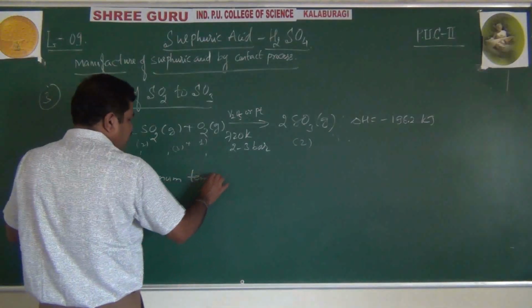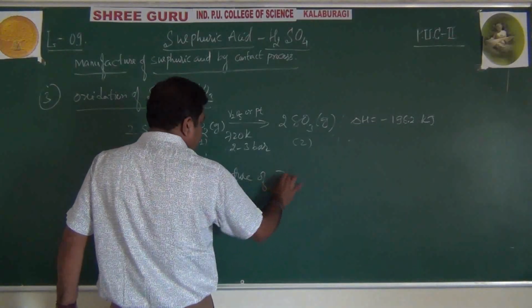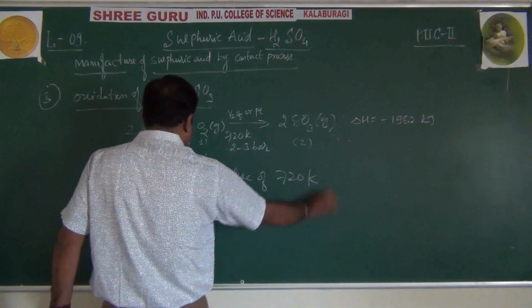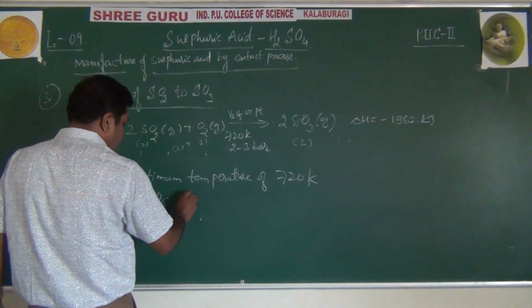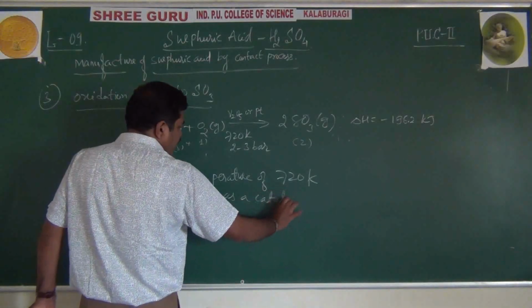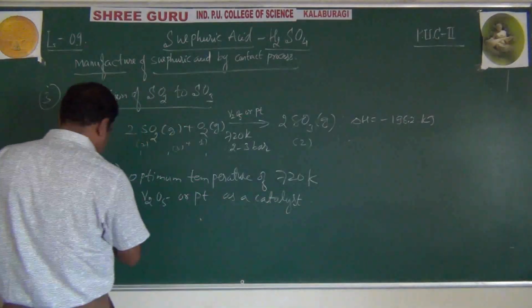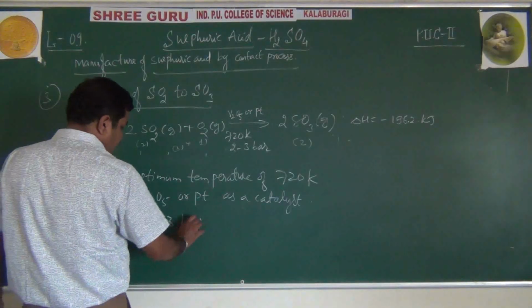Optimum temperature of 720 Kelvin, like that of ammonia. Then vanadium pentoxide or platinum as a catalyst, at 2 to 3 bar pressure.